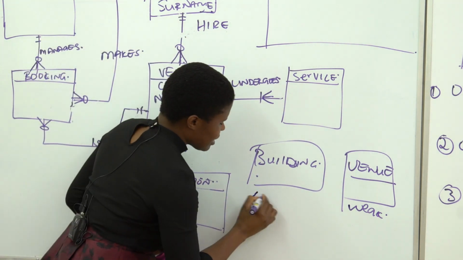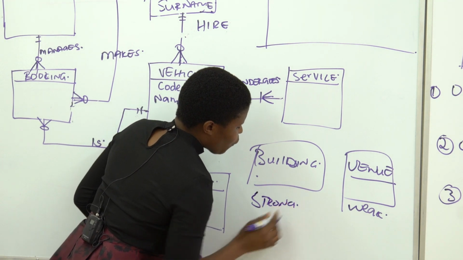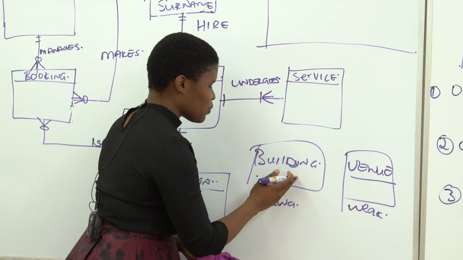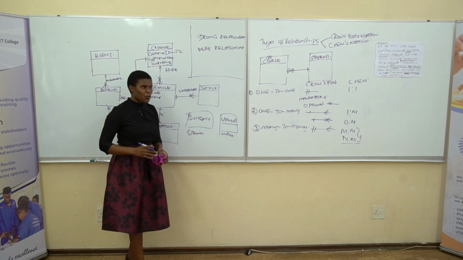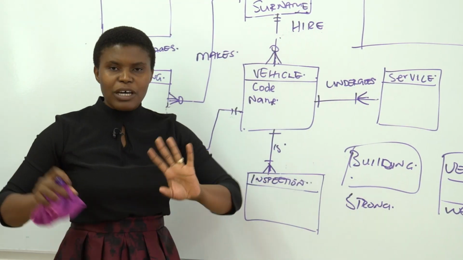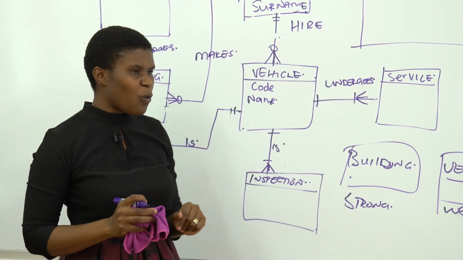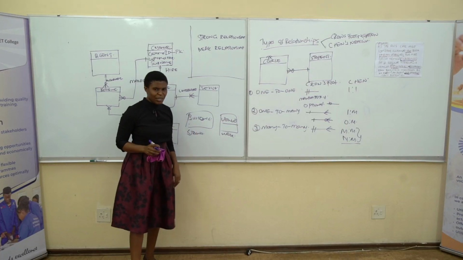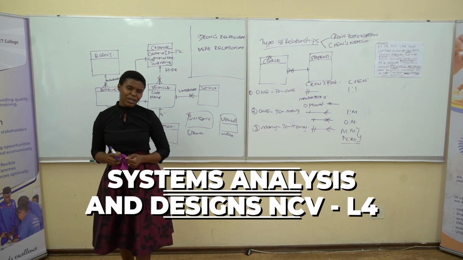This one becomes a strong entity which maintains a strong relationship with this one. So this one depends on this one. This one can exist on its own. It can be a building and you cannot book it. It can be a building without being made into venues and so on. But in order to have a venue, you need a building. That's why this one becomes a strong entity, the other one becomes a weak.